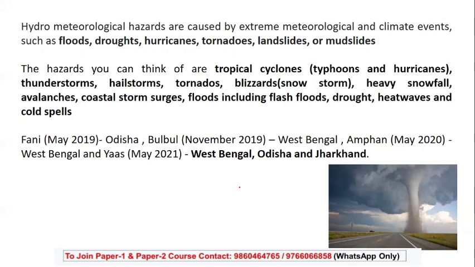The latest ones are Fani in May 2019, Bulbul in November 2019 in West Bengal, Amphan, again in West Bengal, and Yaas in West Bengal, Odisha and Jharkhand. So I have listed the latest ones, and you can get them as part of your current affairs also.